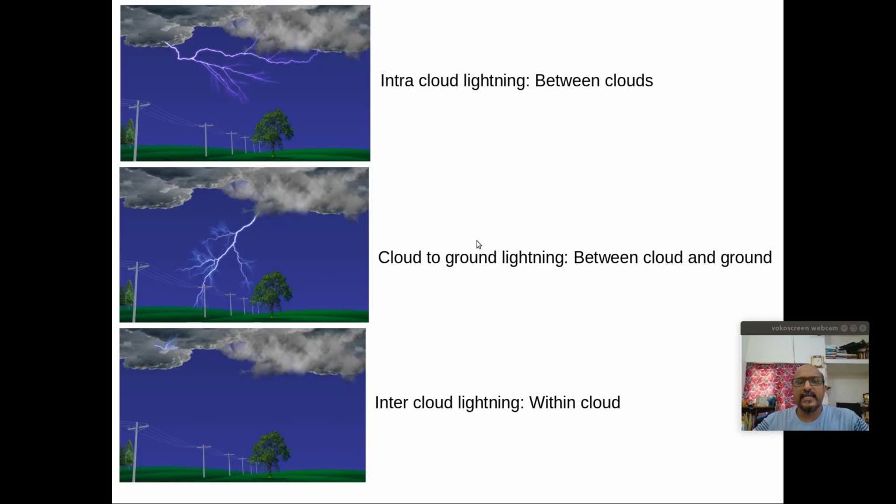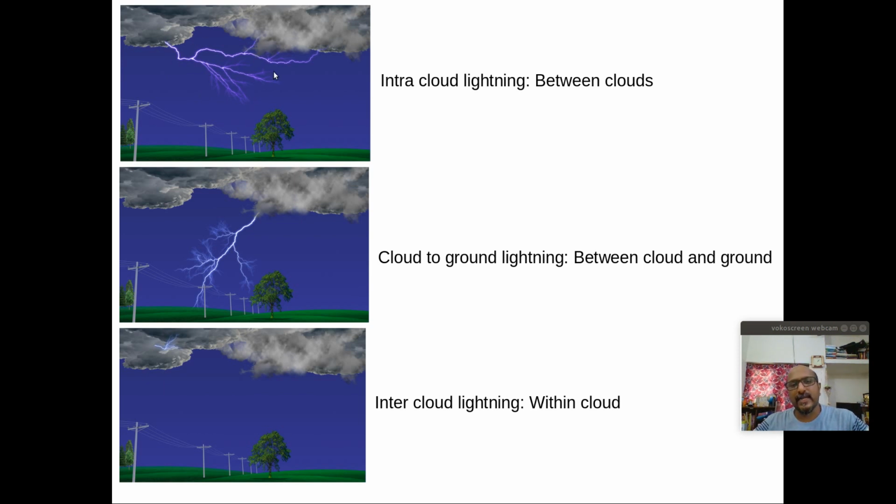And then there are different types of lightning that occur in the cloud. Between clouds, that is known as inter-cloud lightning. If a cloud with negatively charged particles accumulated in the bottom approaches another cloud which has positive charges on the side, the discharge happens not between cloud and ground, but between these two clouds.